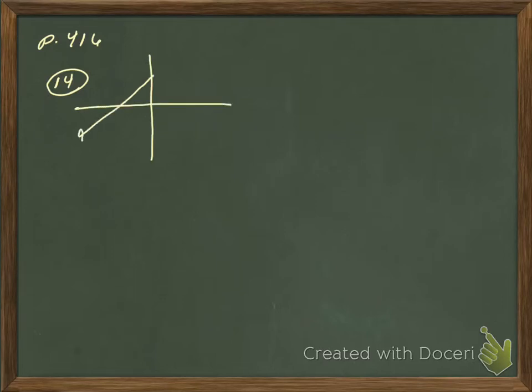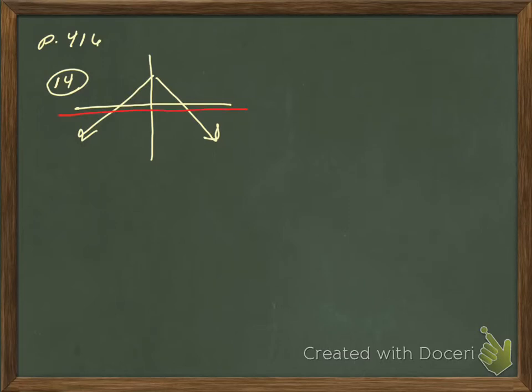So first example, on page 416, number 14. This function that's pictured would not be one-to-one because it does not pass the horizontal line test.